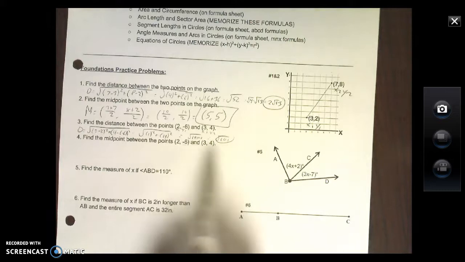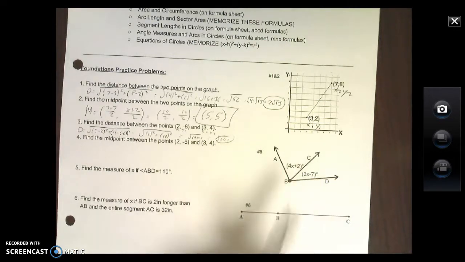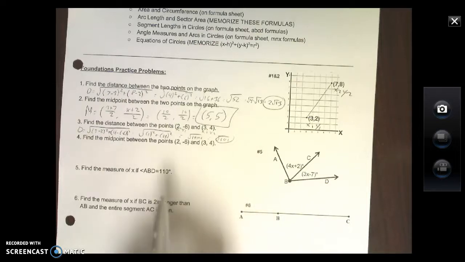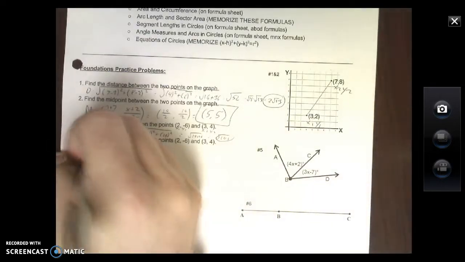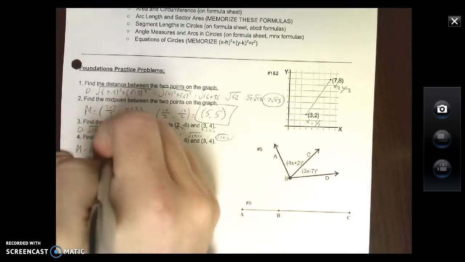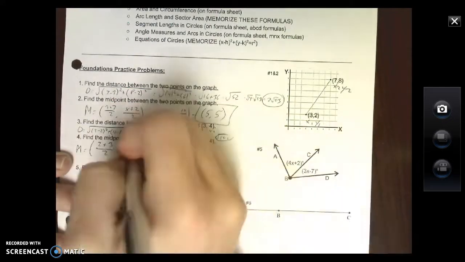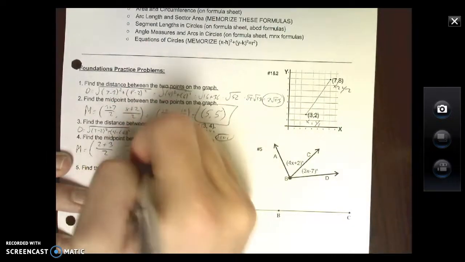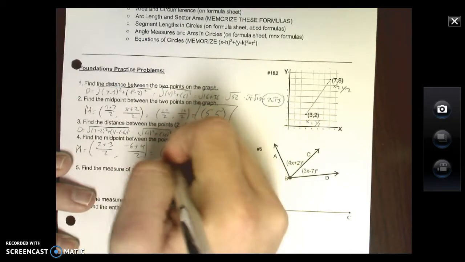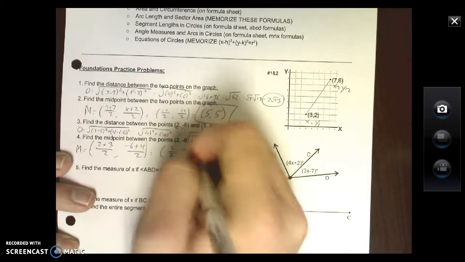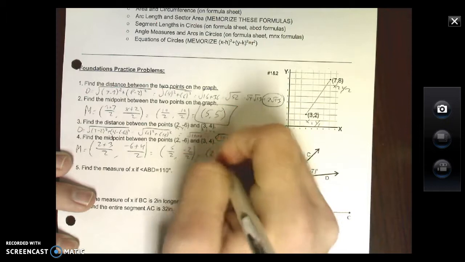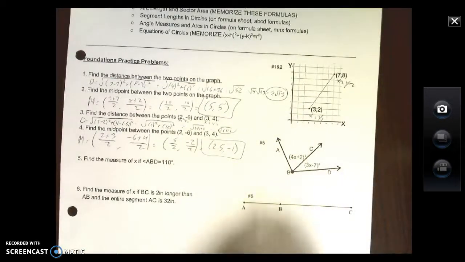If you can't reduce it down at all, which you can't for 101, I believe it's prime, you're done. Okay. Finally, midpoint for number 4. Midpoint equals 2 plus 3 divided by 2, and then negative 6 plus 4 divided by 2. 5 over 2, negative 2 over 2, that reduces to 2.5 comma negative 1. You're all set. You can write a half, it's alright.